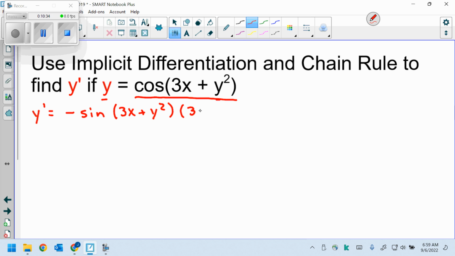And what's the derivative of y squared? Again, you're thinking, I've got to take the derivative of the outer, 2. Don't mess with the inner, 2y to the first, times the derivative of what's inside, y prime.